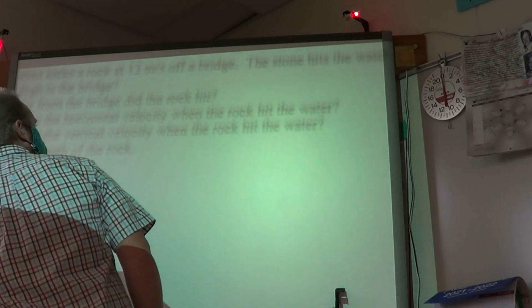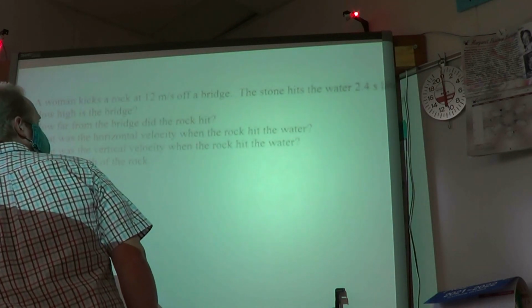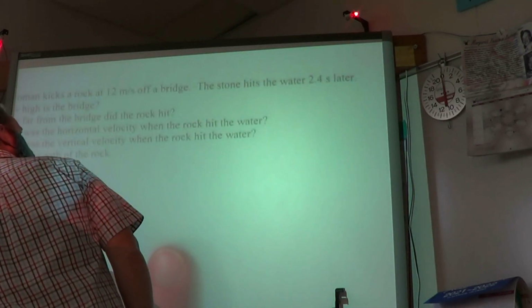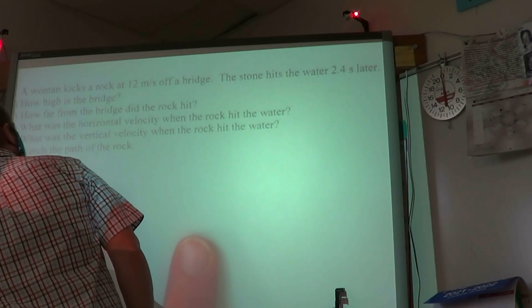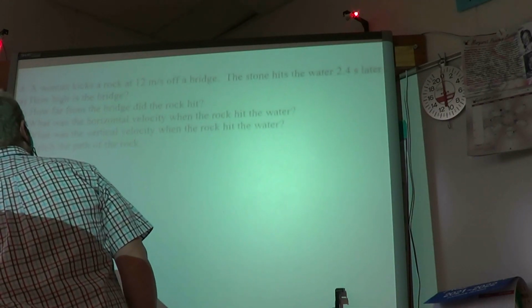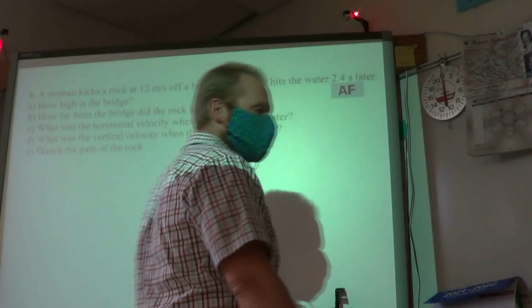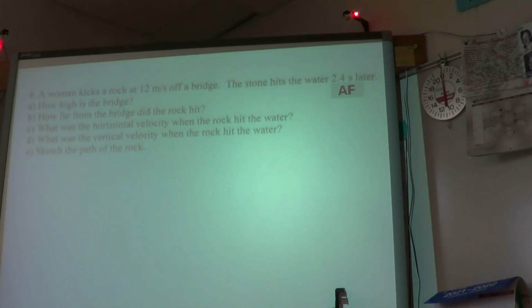The reason I'm doing number 4 is that it's a 2D motion problem, but in terms of process, it's one of the easier ones, just from the standpoint of what we know and what's given. So, a woman kicks a rock at 12 meters per second off of a bridge.